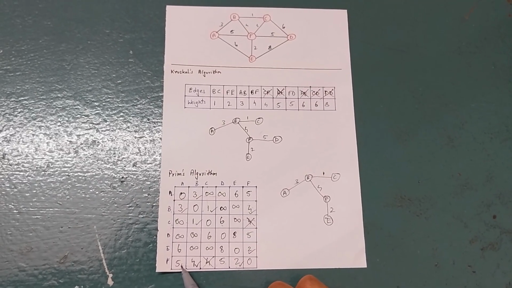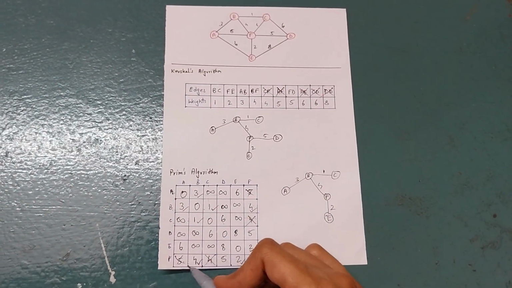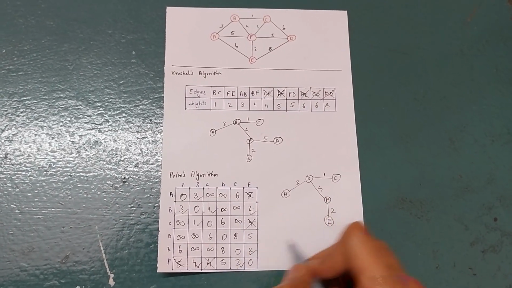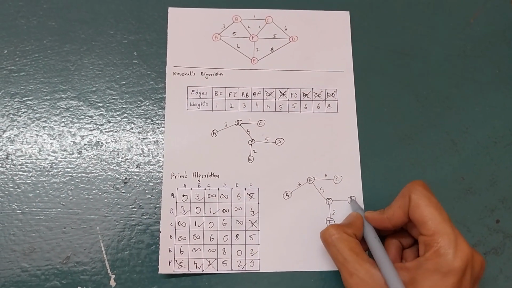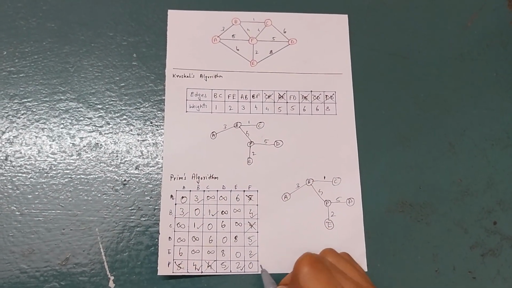So F to A also can't be done. Discard that. Then F to D, 5. Yeah, that is valid. So I do F to D as 5 and this value I'll tick mark.